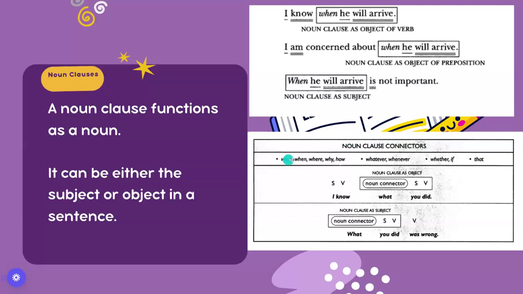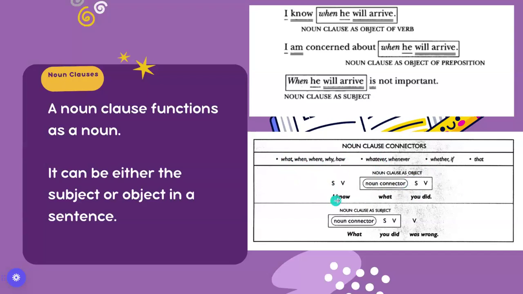These are the connectors that we can use for noun clauses, which are what, when, where, why, how, whatever, whenever, whether, if, that. And we would have, again, subject and verb, my noun connector, subject and verb.